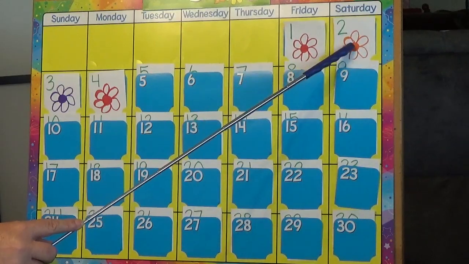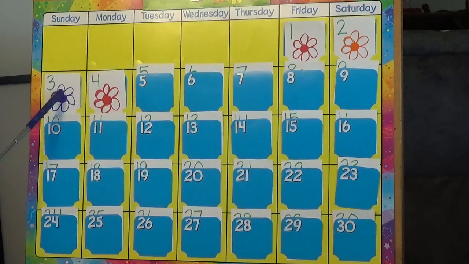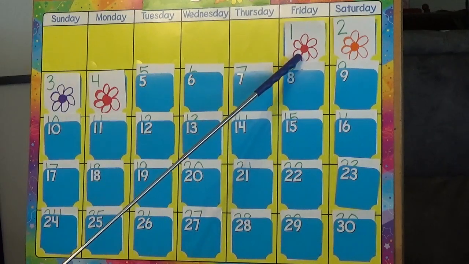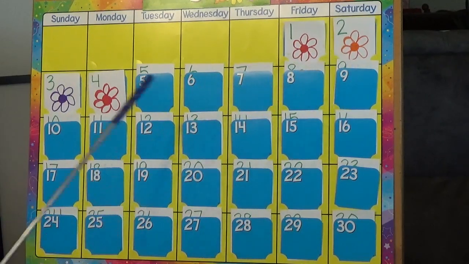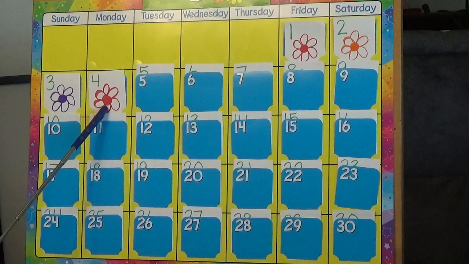1, 2, 3, 4. Did you guess 5? Very good. The calendar says 5th. All right, let's read our pattern and see if we can guess what comes next. Red, orange, purple.